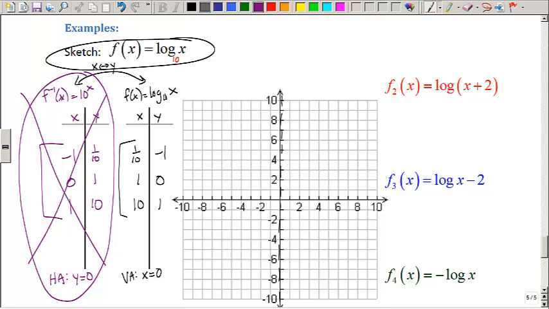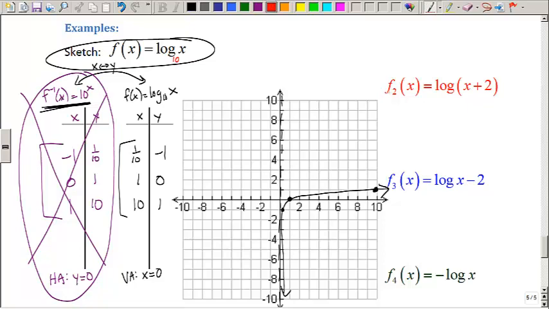I'm only going to graph the function f of x equals log x, the one I was asked to graph. So at 1/10 I have a -1, at 1 I have 0, and at positive 10 I have 1. Using these 3 points and knowing that I have a vertical asymptote at the y-axis, I can sketch this logarithmic function. Please do not sketch the exponential function. We only use this to our advantage to get the points for the logarithmic.